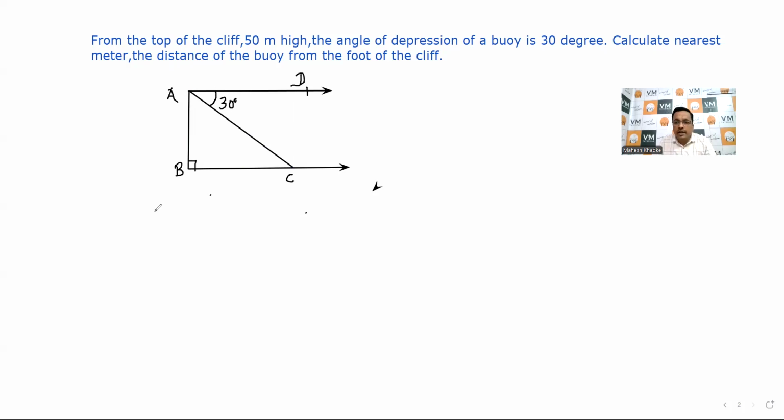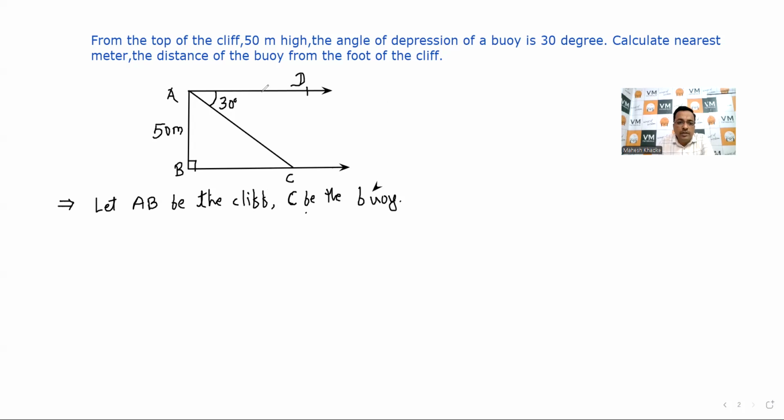So this diagram हम लोग ने ड्रॉ की ना, एग्जामिनर को कैसे पता चलेगा? So we have to write, let AB be the cliff, and C be the buoy. Okay, now based on this हमें करना है. Then remaining, the cliff is 50-meter high, means this one AB, that is 50 meter.